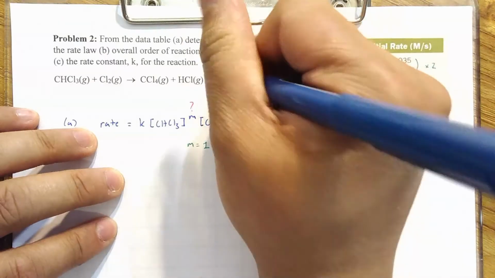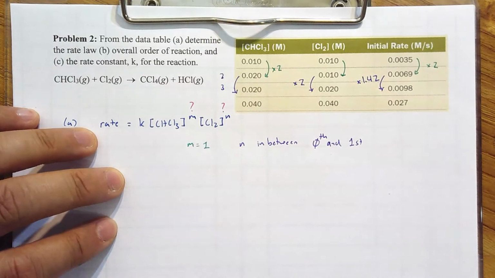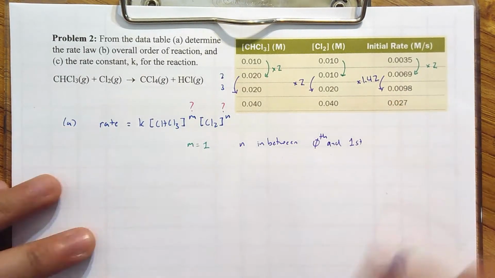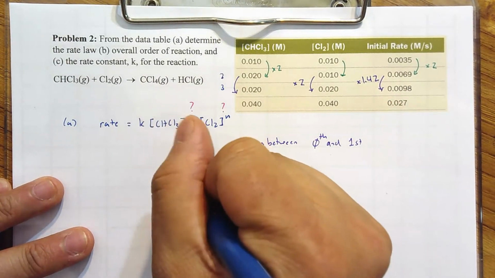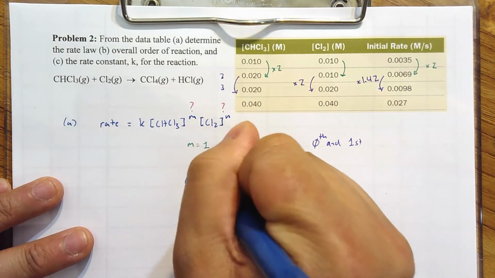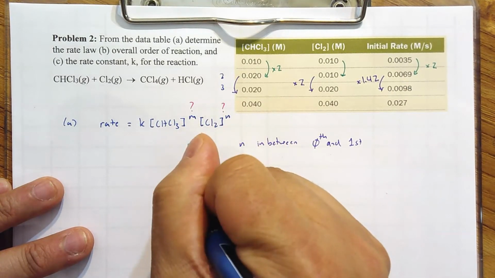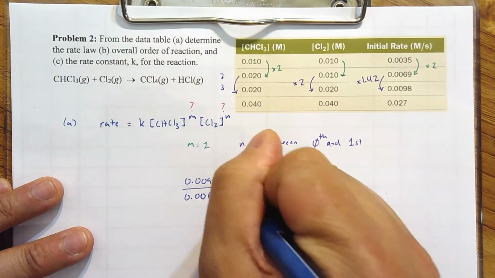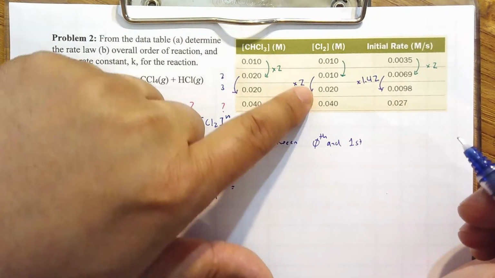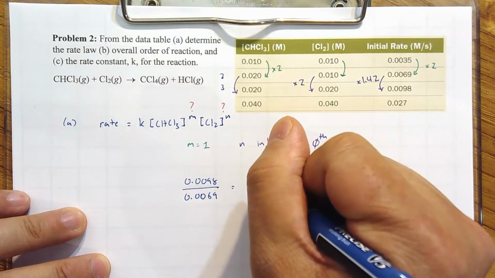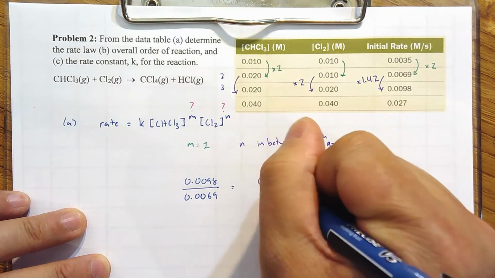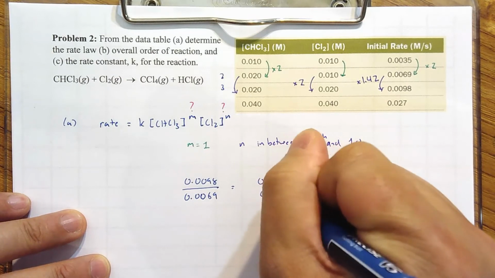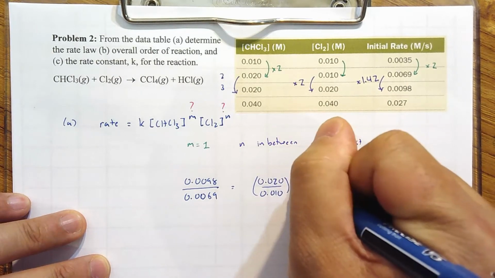We are using trial 2 and 3, and the bigger rate is trial 3. So I'm going to go with 0.0098 divided by 0.0069 equals concentration 0.020 divided by 0.010 raised to the n.